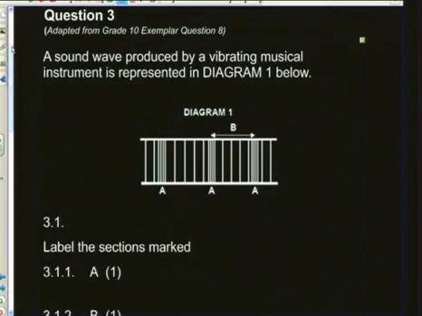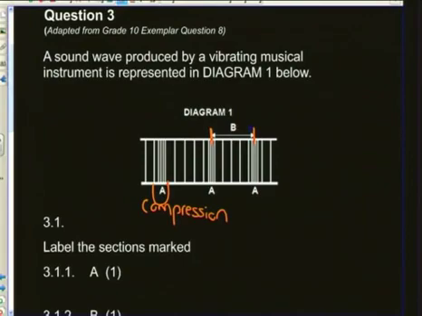So if we look at diagram 1, we've got to be able to identify certain things. A is this point here where they're very close together. So part A would be a compression, okay. Now, B is labeling the part that's going from the middle of one compression to the middle of the next compression.